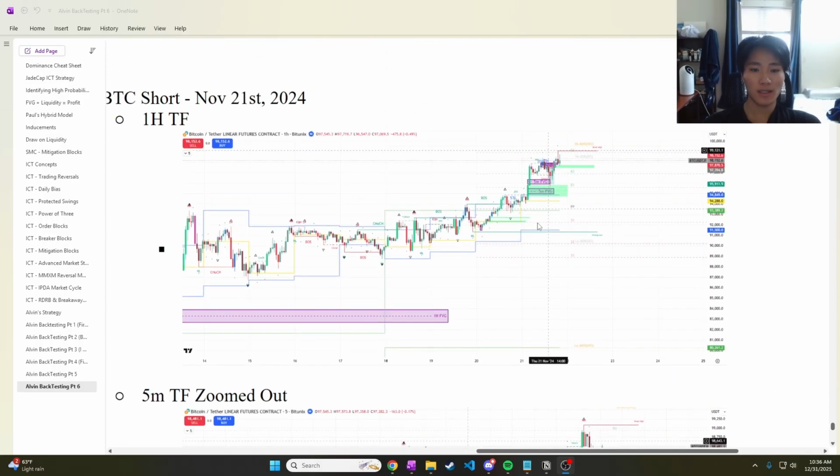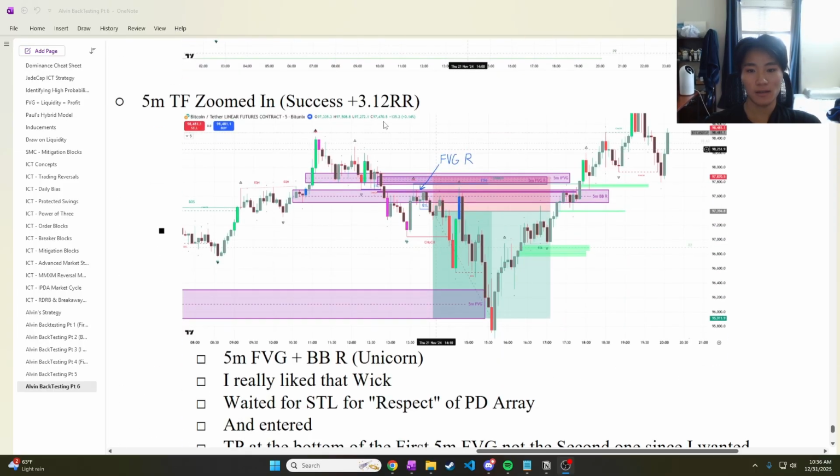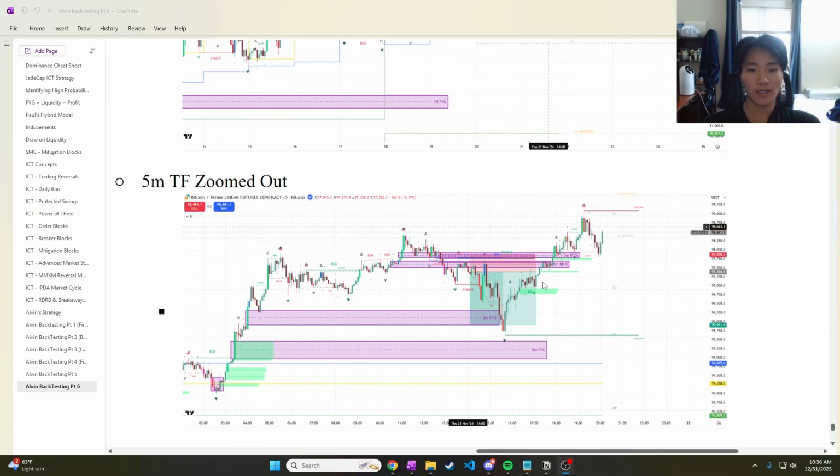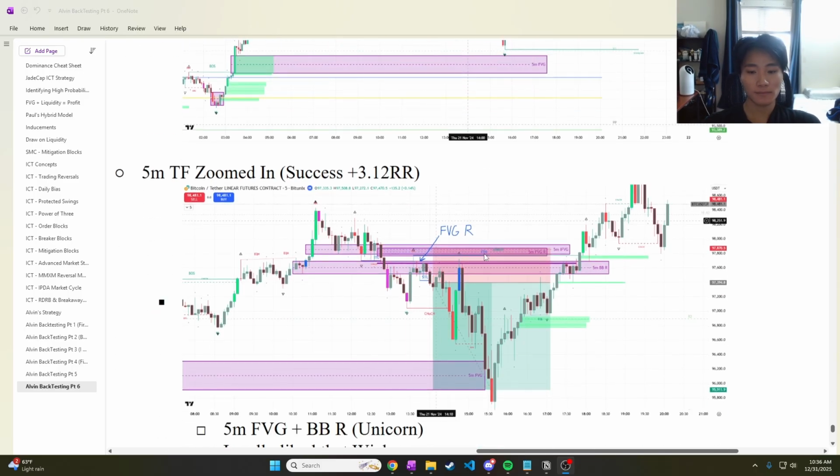I think this is when I was like, we definitely have to hit a short into some level of retracement at least. We got the FEG respected. The inverse is unmitigated. We also have this FEG being respected, and this breaker being respected.